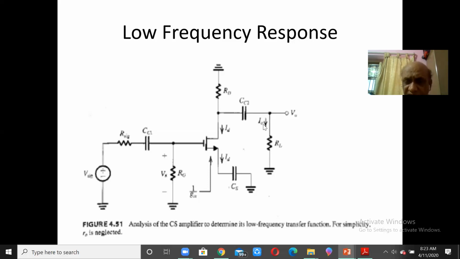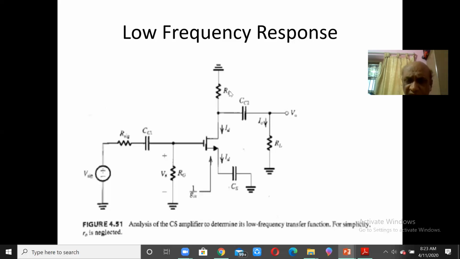This value of I0 is nothing but V0 by RL, or V0 is equal to I0 into RL. I0 is flowing downward, so V0 is equal to I0 into RL, and that I0 can be written in terms of minus ID. I0 will be minus ID into the impedance in the opposite arm, that is RD, divided by the sum of the impedances in the two arms.